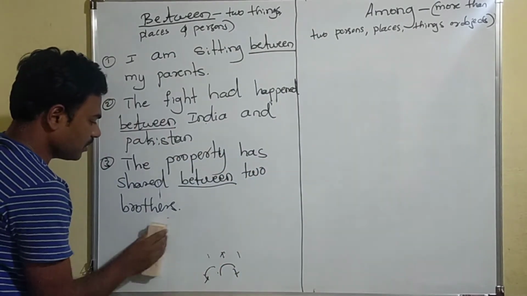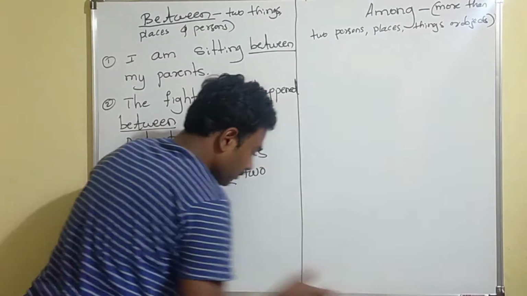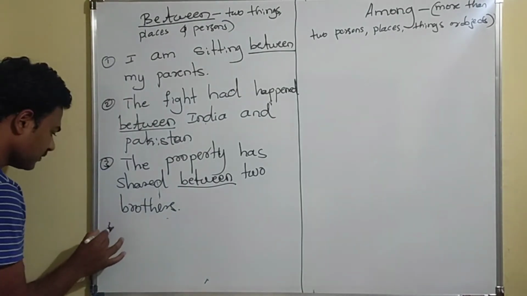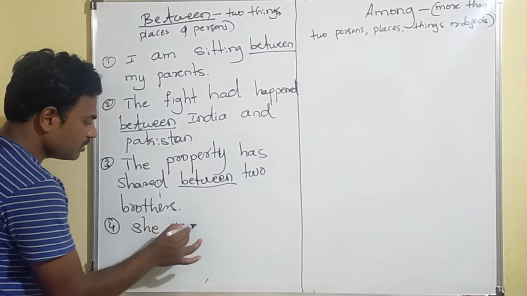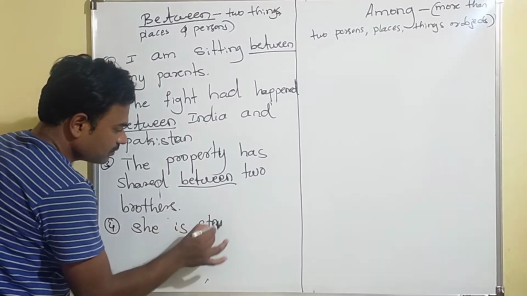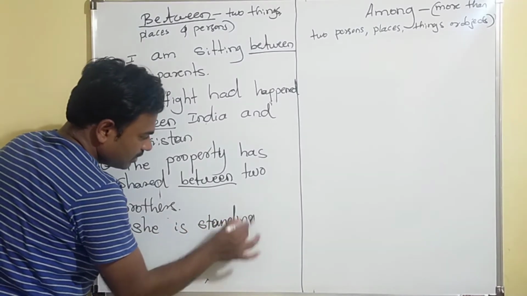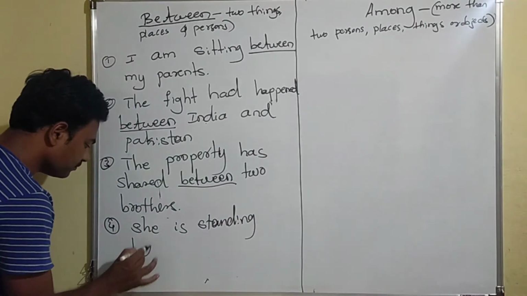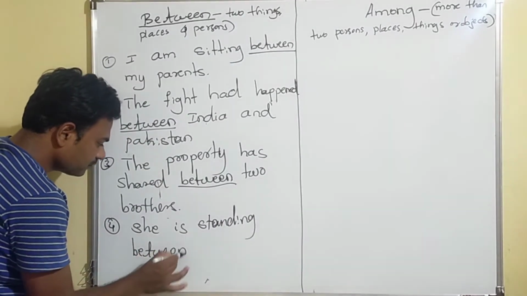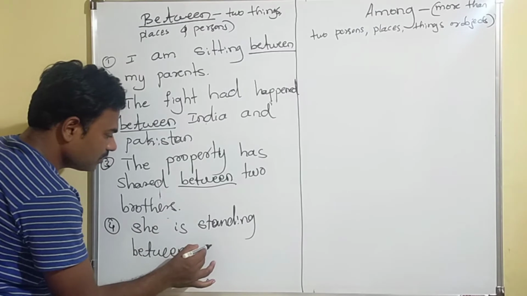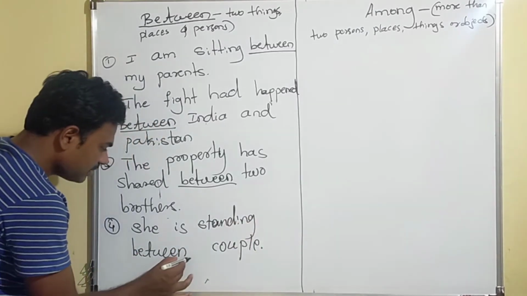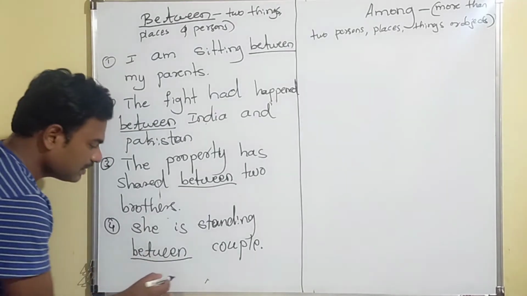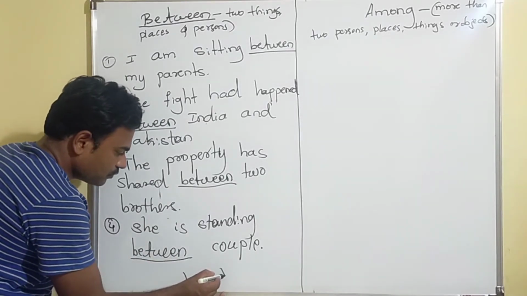Another example I want to write, so you can be clear when to use between. She is standing between a couple. Here is the husband, here is the wife.